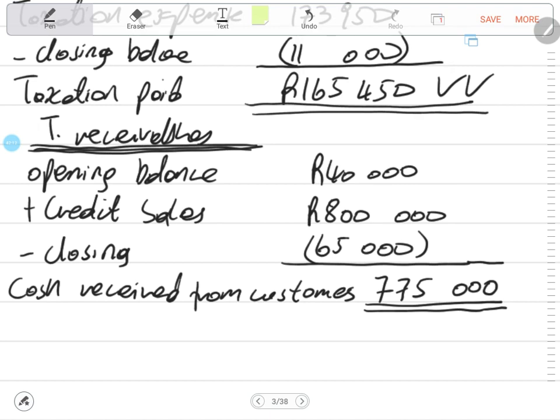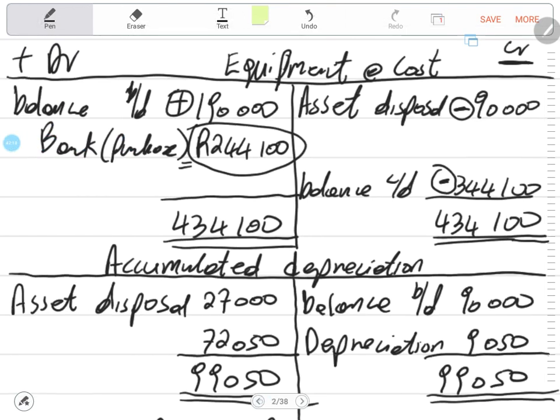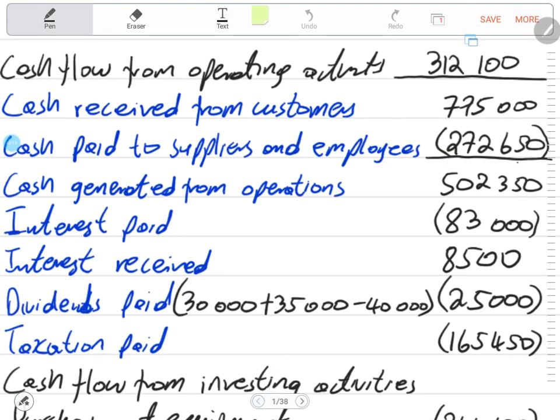After they have completed the reconciliation, they get to the cash generated from operation. They get to this amount using the reconciliation note, which is the indirect method of doing the statement of cash flow. And you'll see that they will get to this figure.